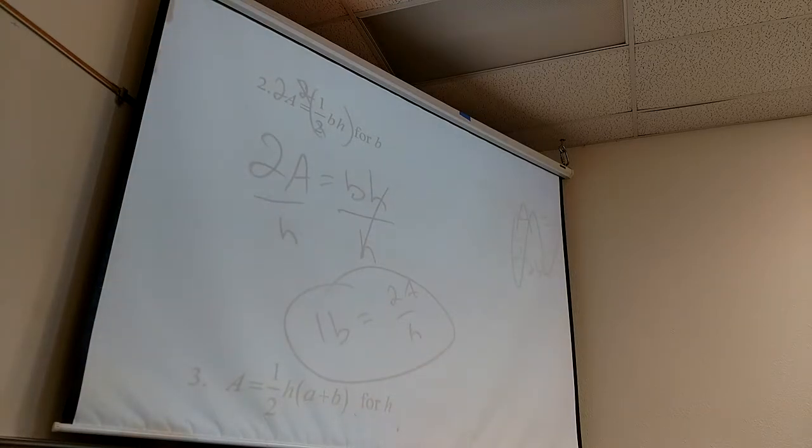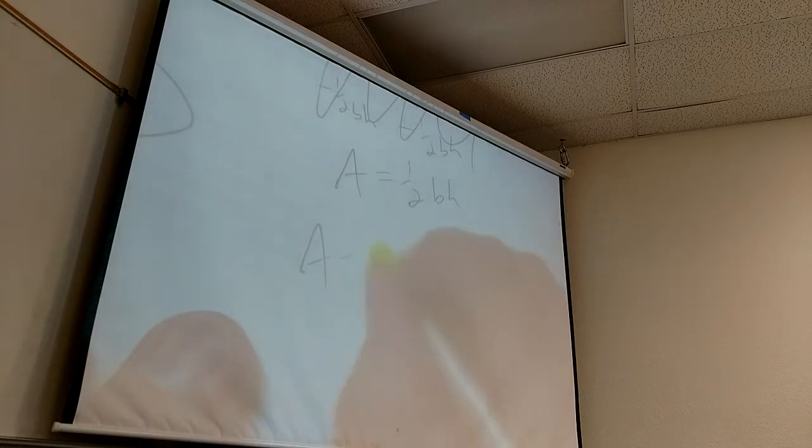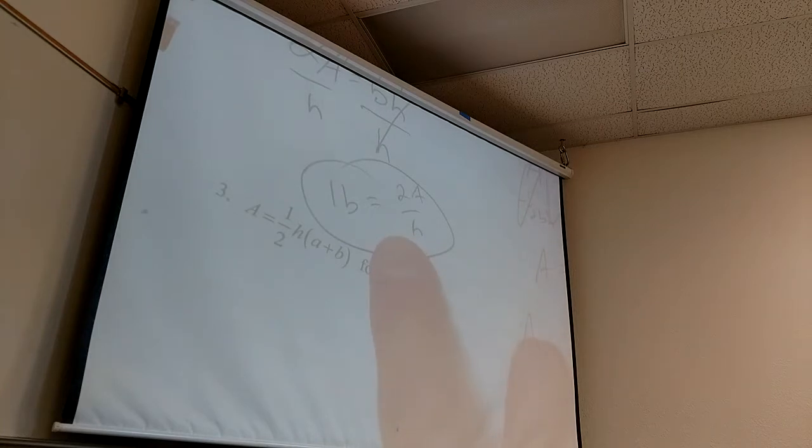We reduced it to 2A over H equals B, and that's the same as A minus 1/2 BH? No. A minus 1/2 BH is 0. You came up with the formula by manipulating everything, so you didn't change anything. You just manipulated it, so it should be equal, right?